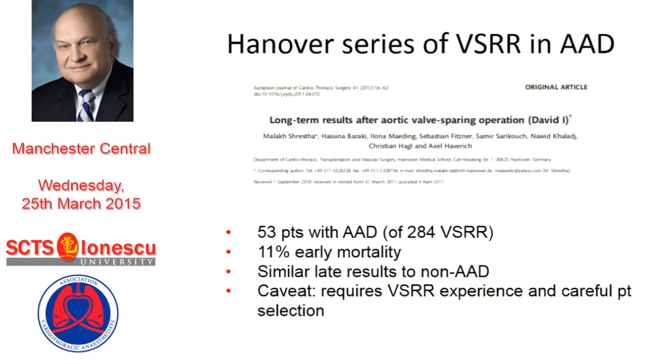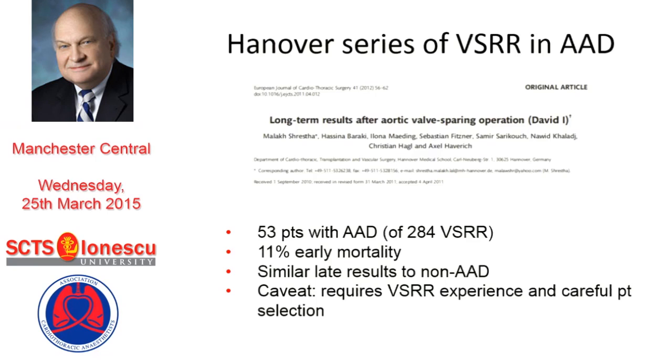They had 53 patients when the total valve-sparing root series was at 284. Their early mortality was low, and it was the same as the patients who had valve-sparing surgery without aortic dissection, and similar late results. So it's an operation that can be done in that setting. There's nothing anatomic about an acute aortic dissection that precludes a valve-sparing aortic root replacement.